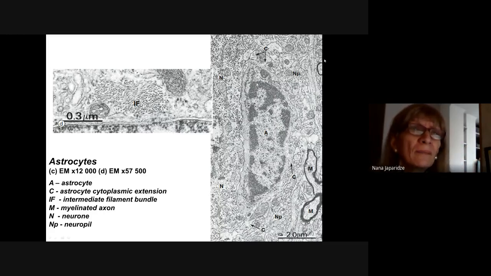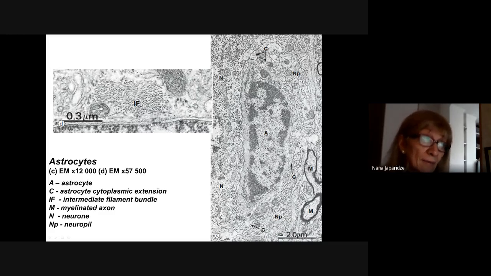So again, a cross section through the myelinated axon, and here the magnification is huge, 57,500. You see a small part of the cytoplasm of an astrocyte, and you see here, for example, smooth endoplasmic reticulum, intermediate filaments, mitochondria, and two leaflets of the nuclear membrane.